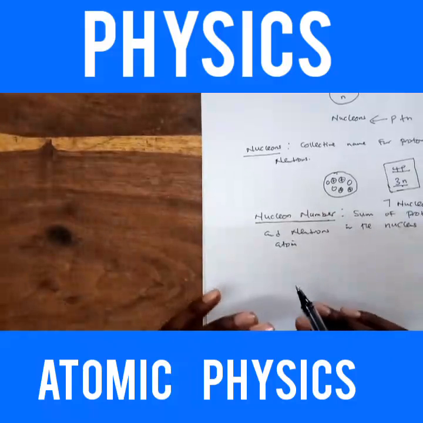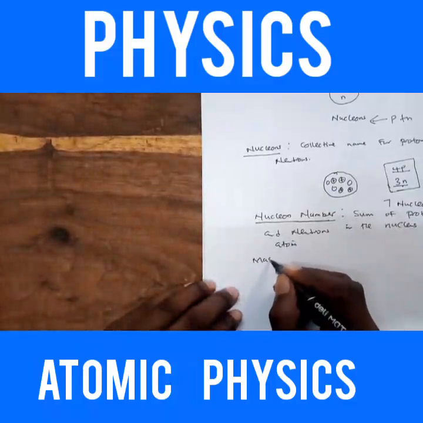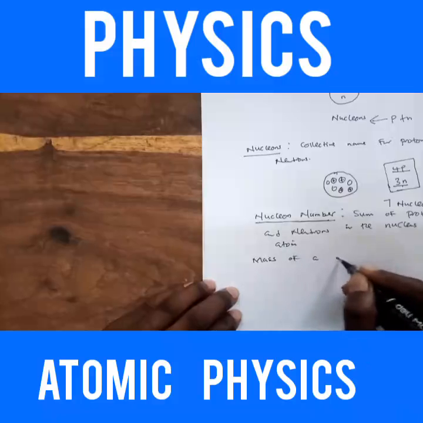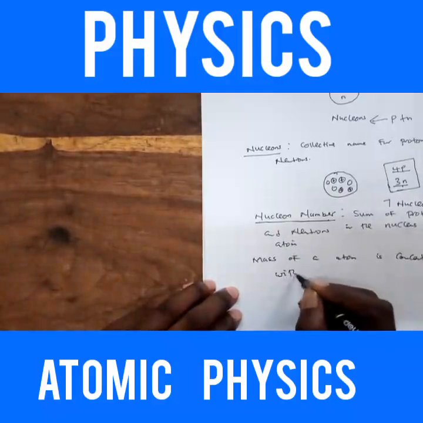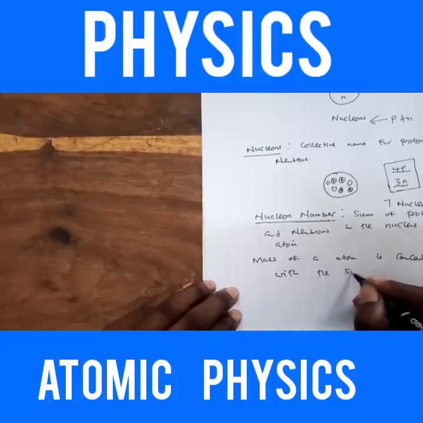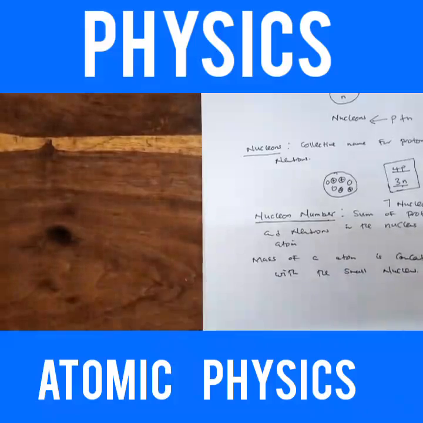Then we said something about the mass of an atom. We said the mass of an atom is concentrated within the small nucleus. So within the small nucleus, that's where the entire mass of an atom is concentrated.